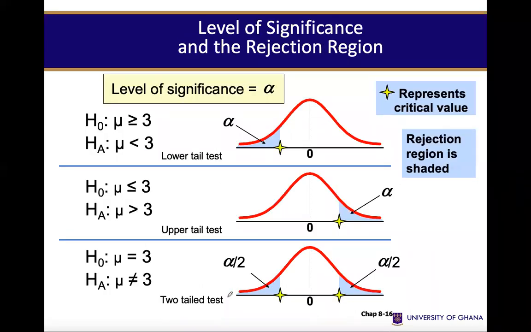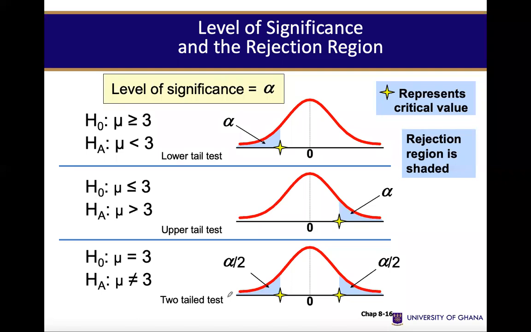Now, as I mentioned, there is the significance, then the rejection region, and then the acceptance region. But also there are several forms of tests. There are three main forms of tests that you will be doing. We have what we call the lower tail test.